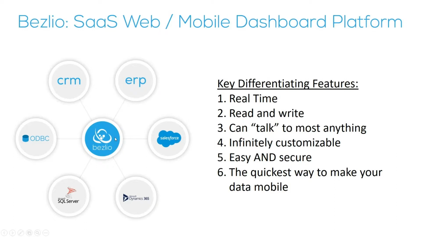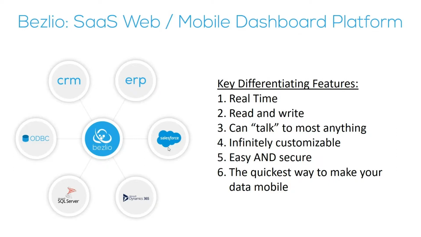And we can talk not just to cloud systems, technologies like Salesforce or other internet-based technologies. We can also talk directly to systems that are inside your private network with the Bezlio cloud.